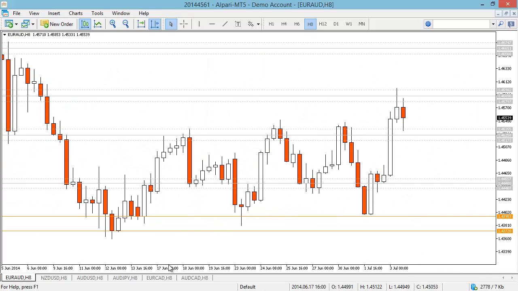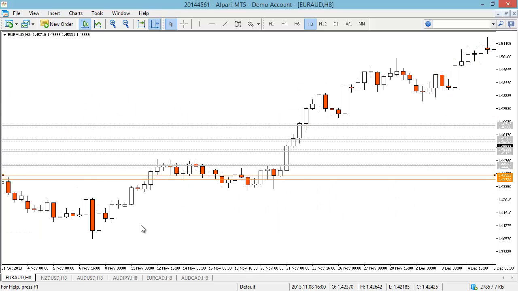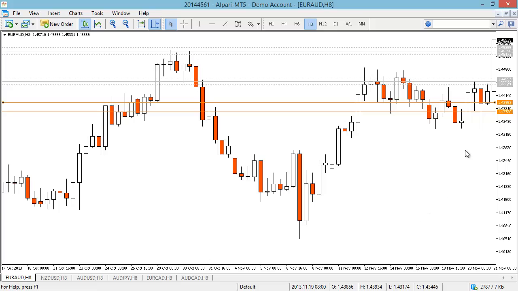Now's the tricky part. These two, we're not quite sure where to place it. Recent data would probably suggest to go with this here. But we also got a bounce here. So I just want to drag the chart back and see how price reacted the last few times it's gone through here, just to get a clearer picture of where the support resistance area actually is.